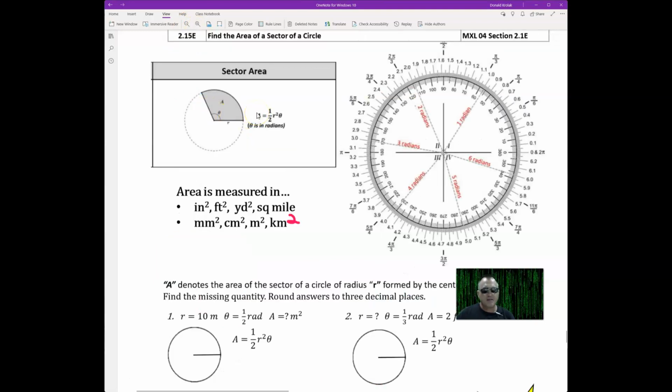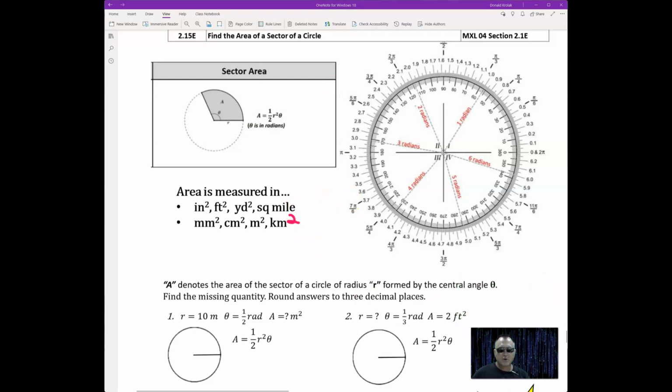When we find the area, it is expressed in square units, so square inches, square feet, square centimeters, square miles, square meters, etc. The letter A denotes the area, the letter r is the radius, and this is the Greek letter theta, and that stands for the angle.